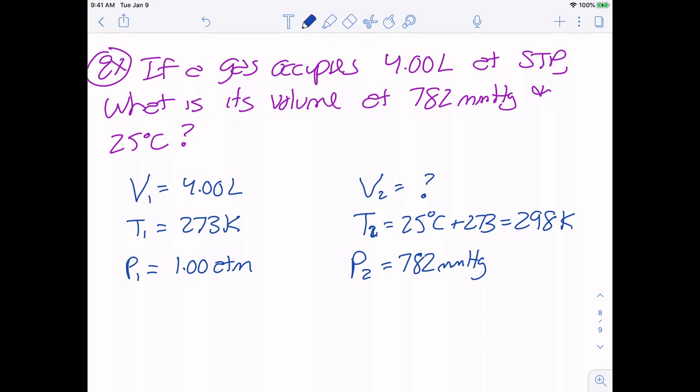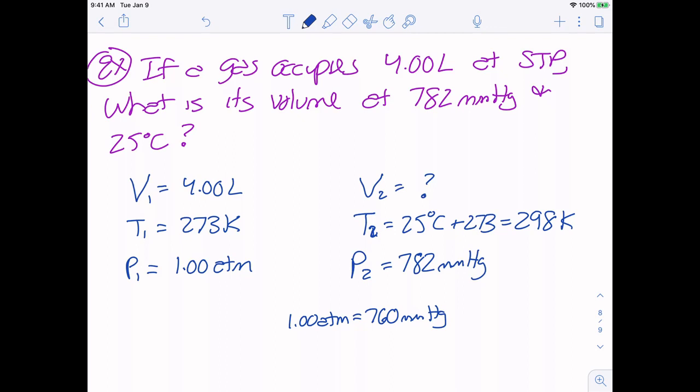You don't have to memorize how many atmospheres there are in millimeters of mercury or vice versa, the conversion for that. I will give it to you. I do know that 1 atmosphere is equal to 760 millimeters of mercury. And again, I will give you that conversion factor. You don't have to memorize it. So that would be provided. So I can convert 782 millimeters of mercury to atmospheres by dividing by 760.